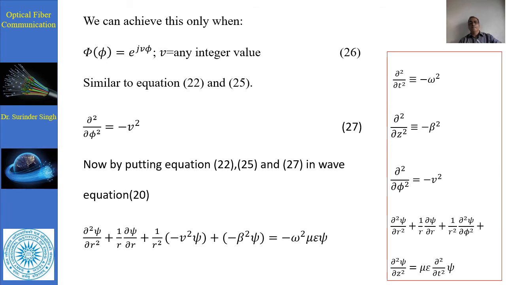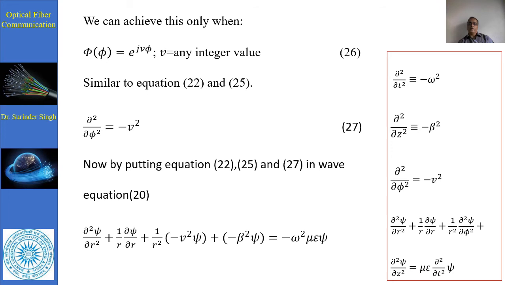From before we know that d square upon dt square is equal to minus omega square, and d square upon dz square is equal to minus beta square, which we have already found. Taking the double derivative with respect to phi gives minus nu square.